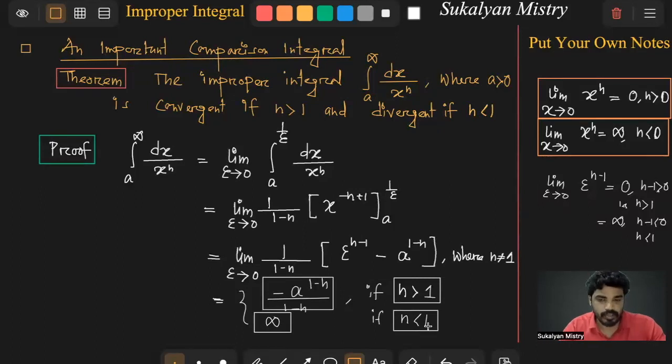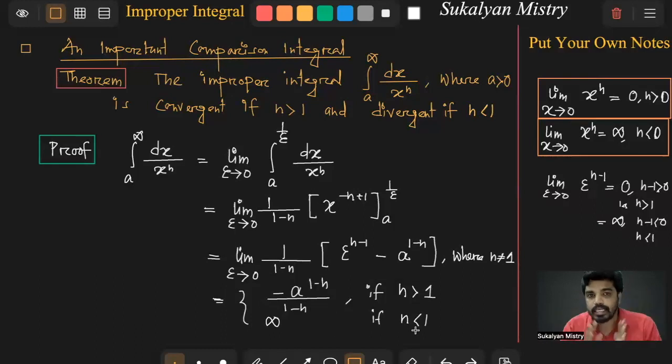Okay. So from this we conclude that the integration a to infinity dx by x to the power n is convergent if n greater than 1 and divergent if n less than 1.